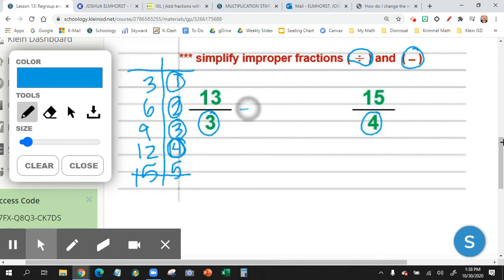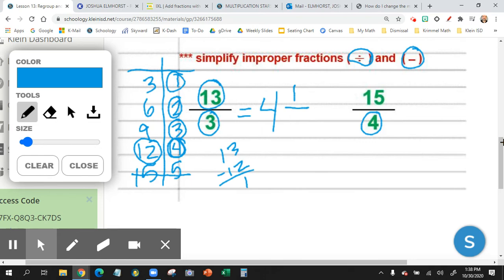13 divided by 3 is going to give us 4 whole numbers. And then we subtract 13 minus 12. So 12, that's how many we used: we divided by 3, we got 4 whole numbers. Now 13 minus 12, we're left with 1 remainder.